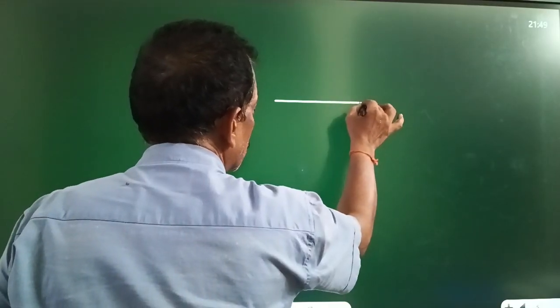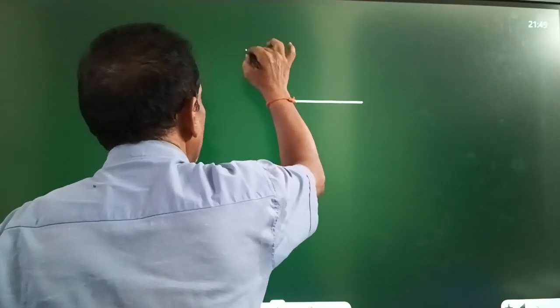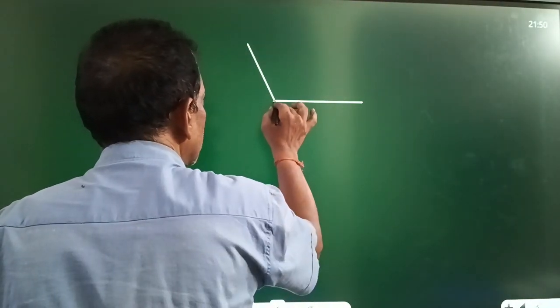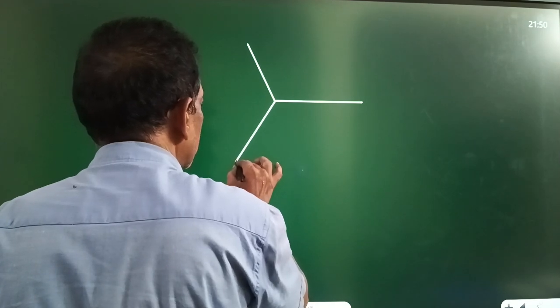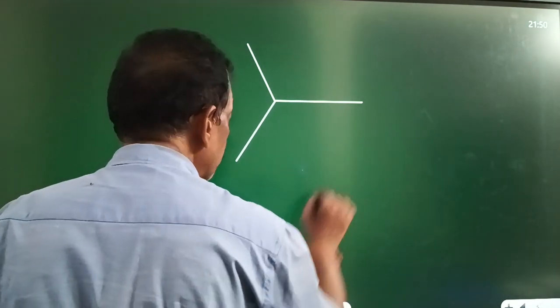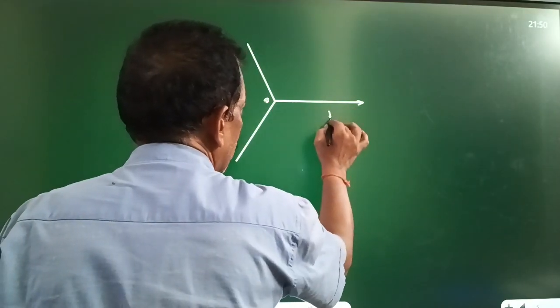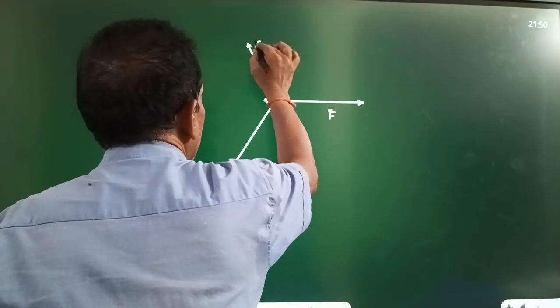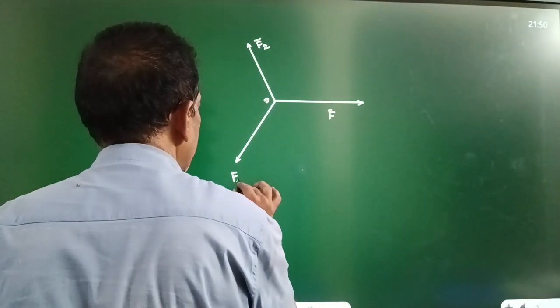This is one force, another force, another force. This is the F1 vector, this is the F2 vector, this is the F3 vector.